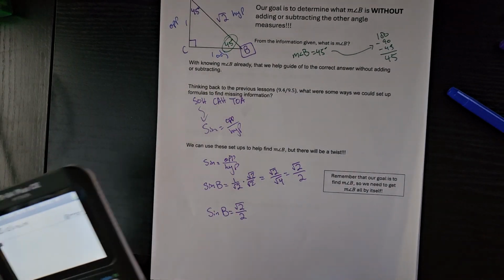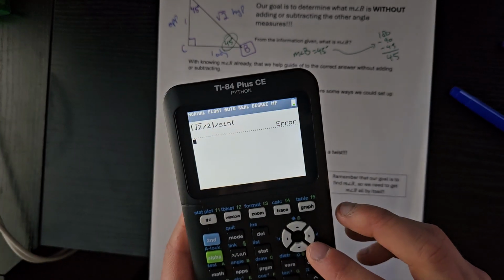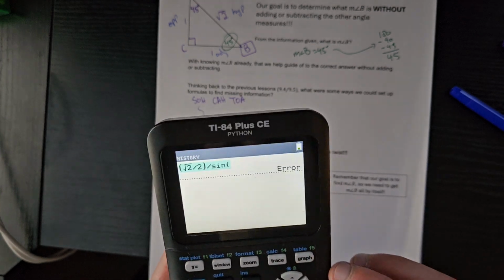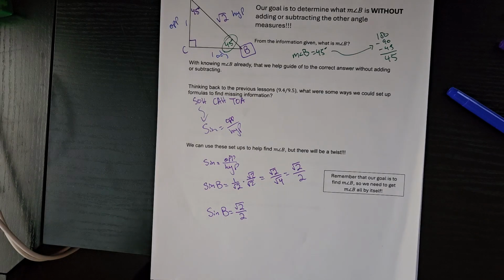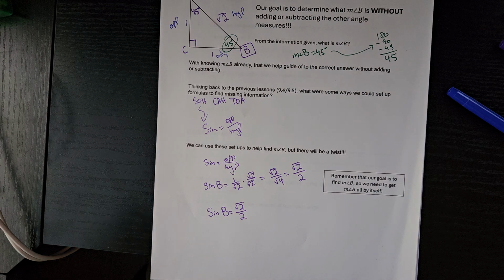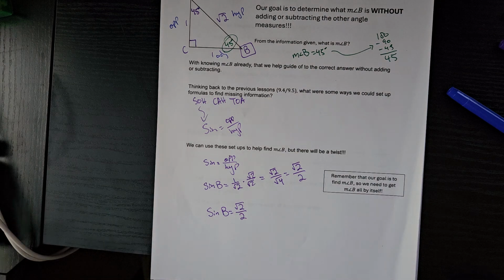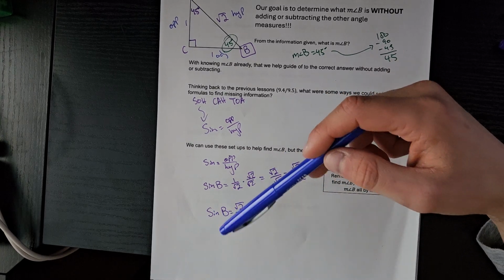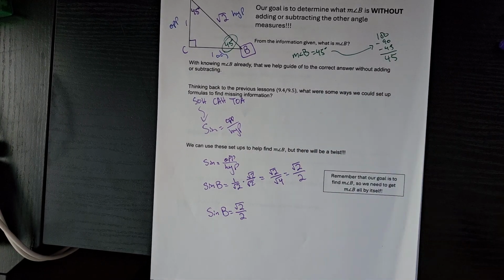So it looks like I can't divide by sine, and likewise, I couldn't multiply it either. Multiplying would give me the same thing, an error. So dividing and multiplying don't work.